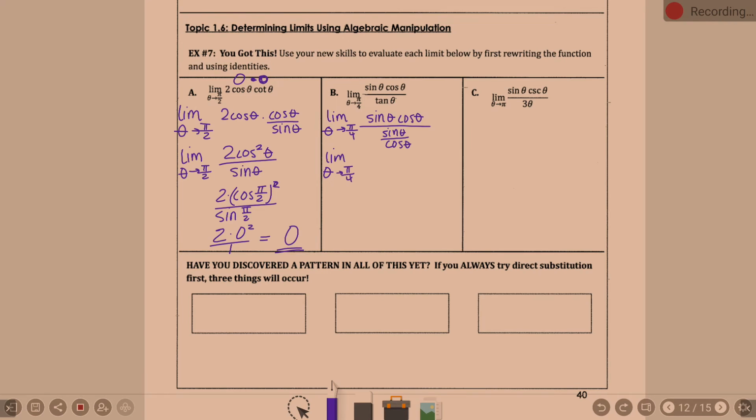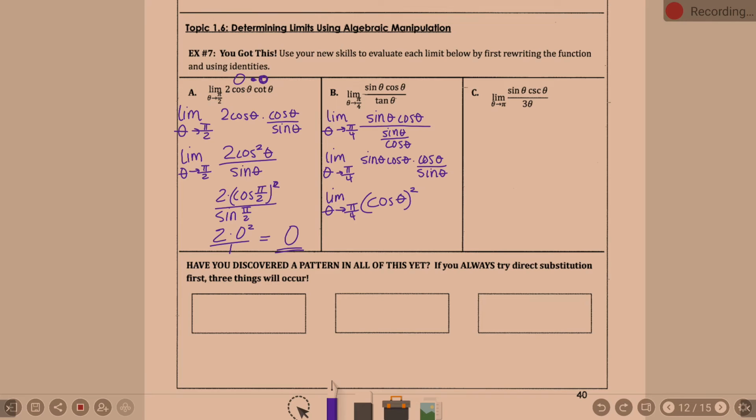So we've got sine theta times cosine theta times cosine over sine, which is exactly where the sines will cancel, and we just have cosine squared theta.